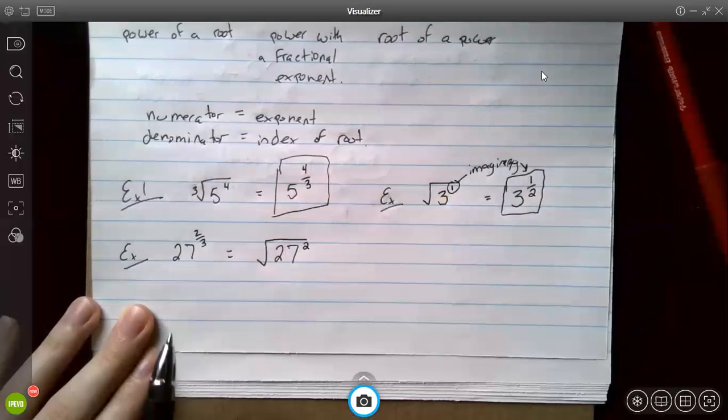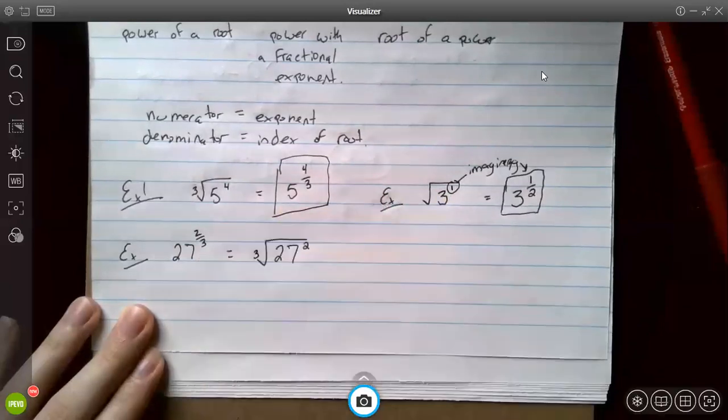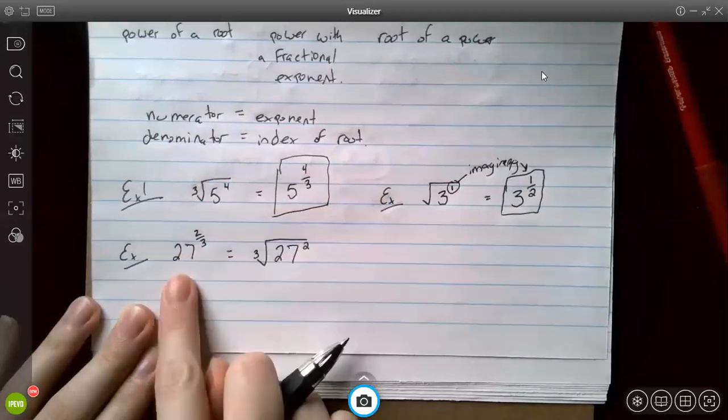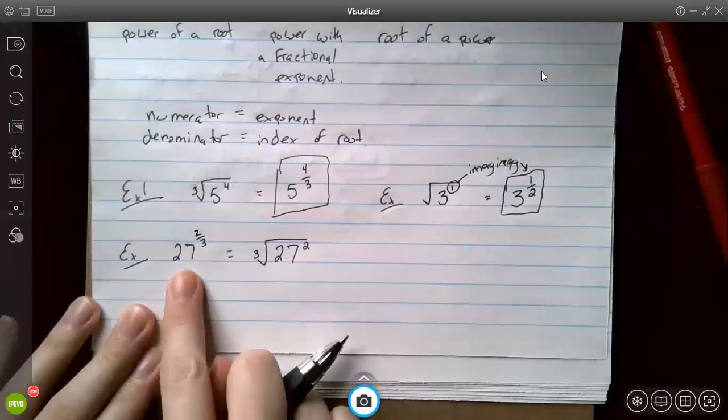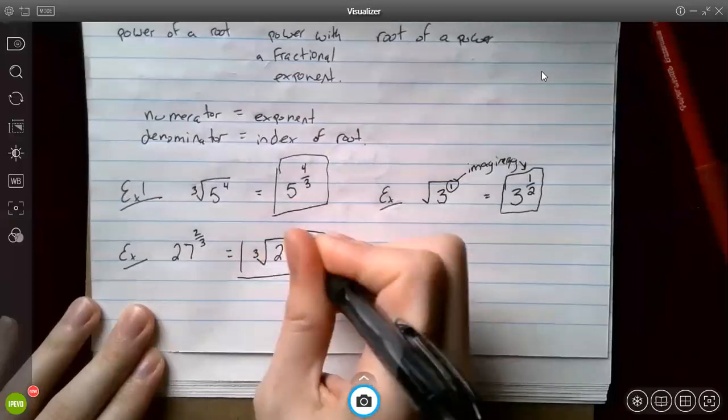And then the denominator becomes the index of my root. Now, if the question just asks you to write this fractional exponent as a radical, then this would be your final answer.